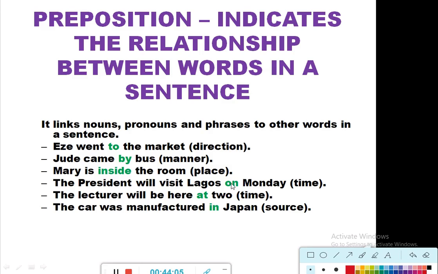So a preposition can be used to indicate a relationship in terms of time. Alright? Then the next, the lecturer will be here at 2. Again, that is indicating time. At is the preposition. Next, the car was manufactured in Japan. Now, Japan is the source or the origin of this car, and in is used to tell us the relationship. Alright.